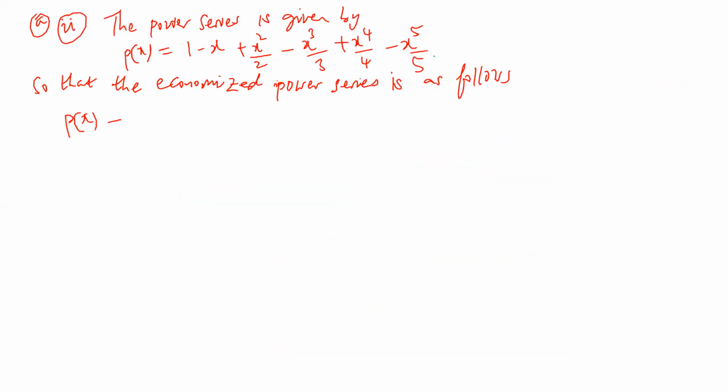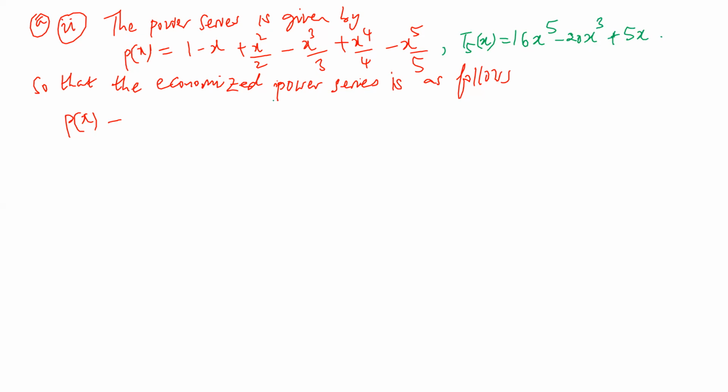So we economize the power series given by that, but also we write t sub 5 of x, which is the same as 16x to the fifth power minus 20x to the third power plus 5x.